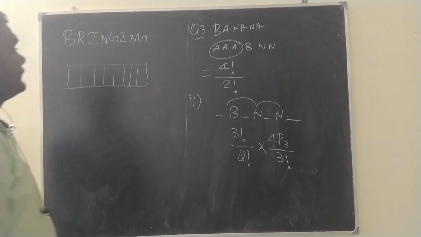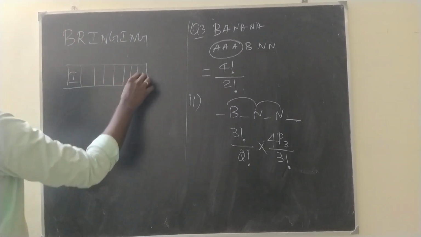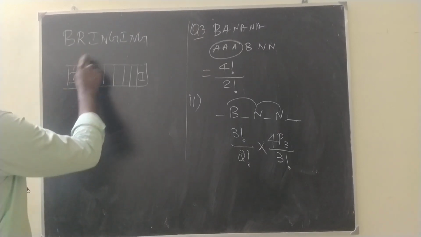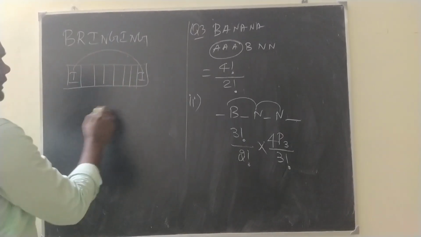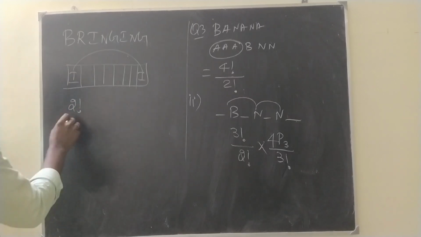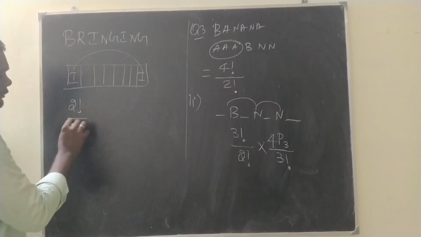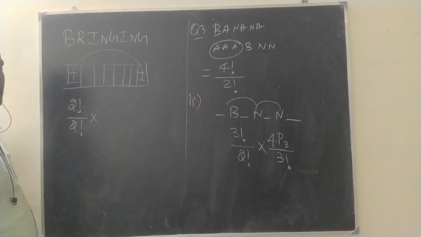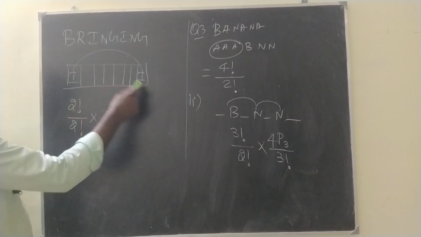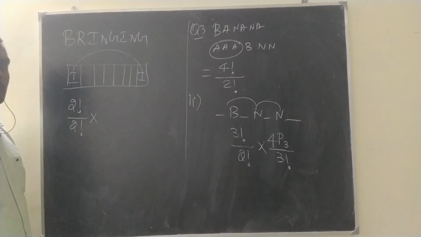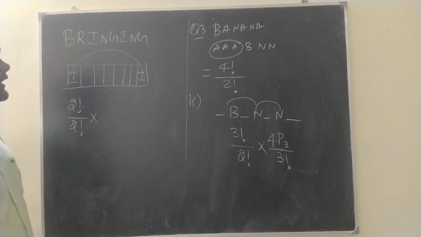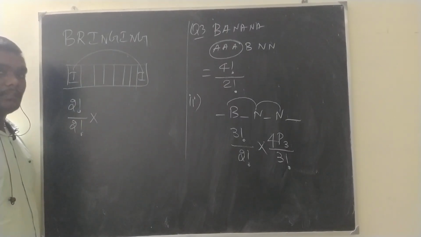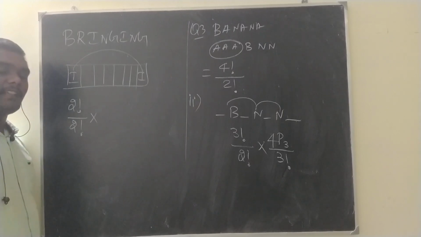How many ways can these 2 I's be arranged? In 2 factorial ways, since 2 are alike. Still how many boxes are there? 6. In that 6, how many letters are remaining? 6. 6 boxes arranging 6 things.